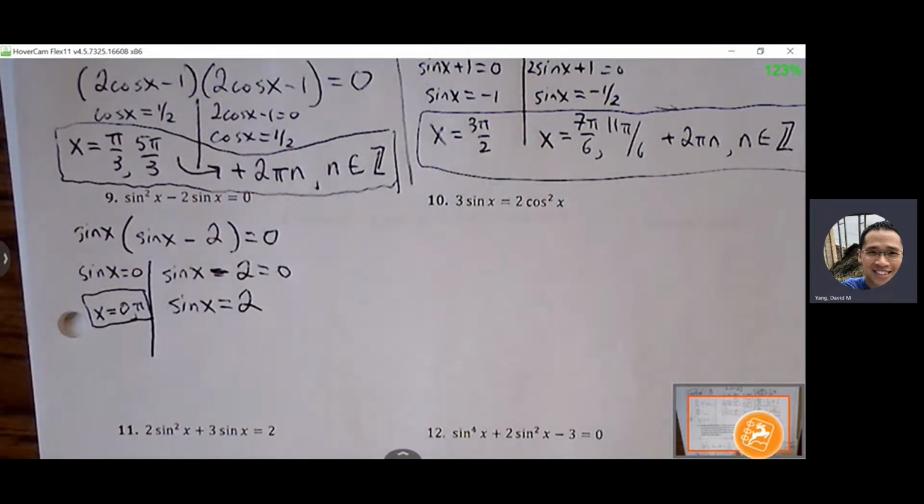So sine is equal to 0, that's pretty apparent, 0 and pi.